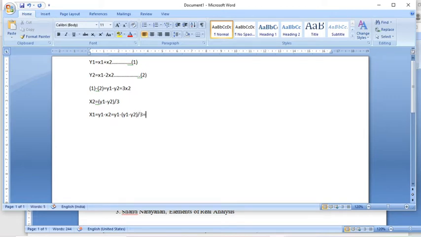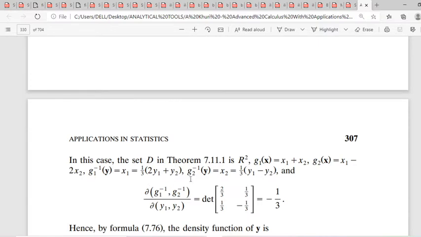So what is the result? 3y1 minus y1 plus y2 gives 2y1 plus y2 by 3, right? So that is given here: x1 is 2y1 plus y2 by 3 and x2 is equal to y1 minus y2 by 3.